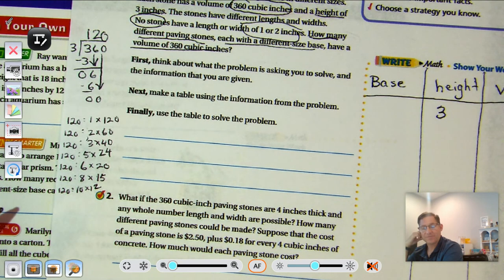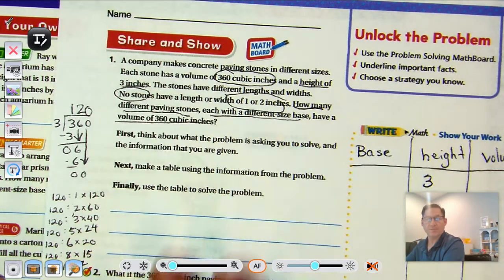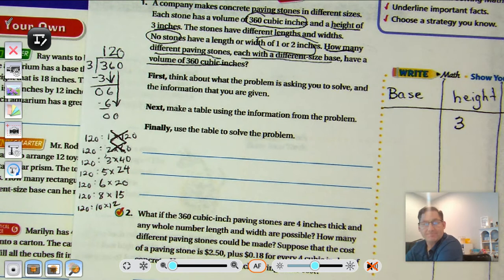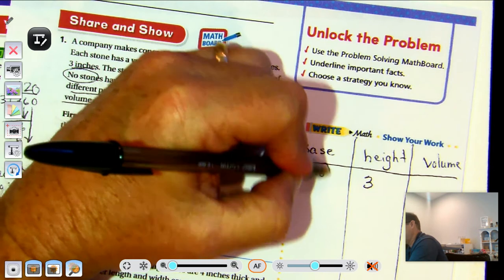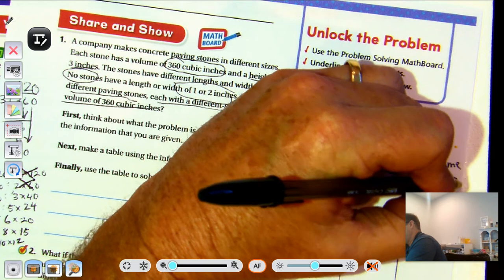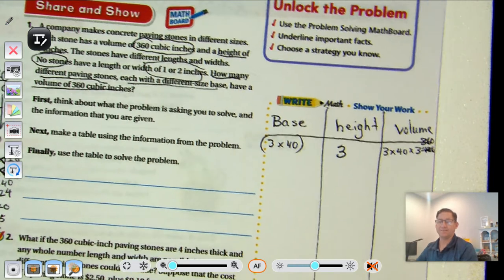All right, so we know the height has to be 3, and I can't use 1 or 2. So I can eliminate that possibility and that possibility, because I can't have a dimension of 1 or 2. All right, so let's start with 3 times 40. 3 times 40 times 3 is 360.